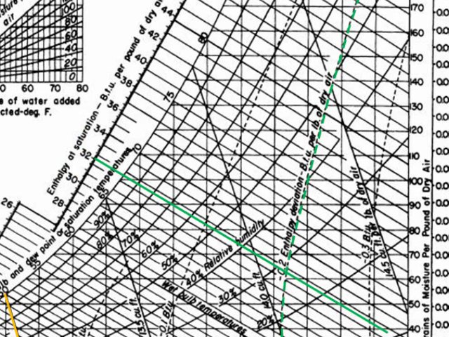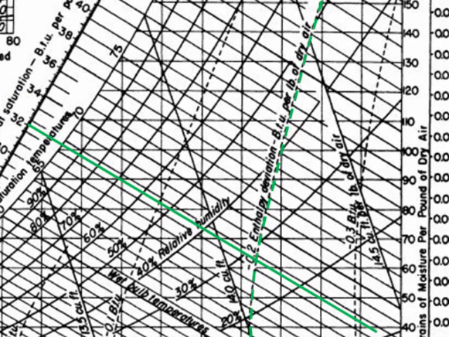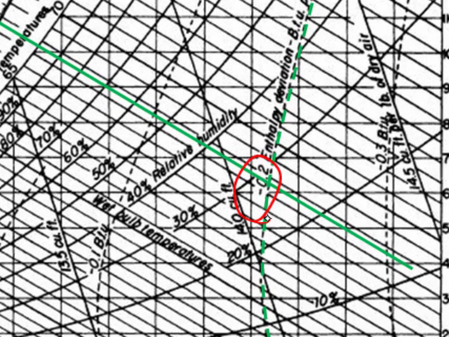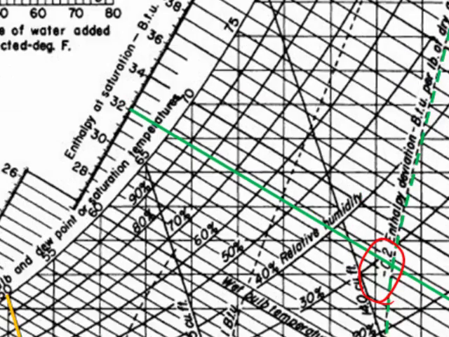The enthalpy deviation lines are shown as dotted lines. For the line shown here, the enthalpy deviation is minus 0.2 BTU per pound of dry air.